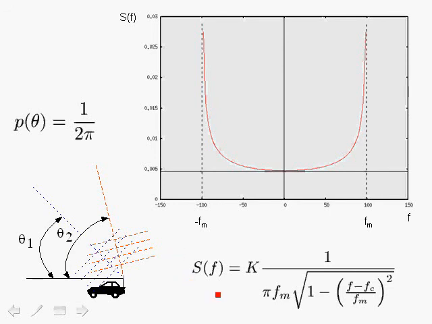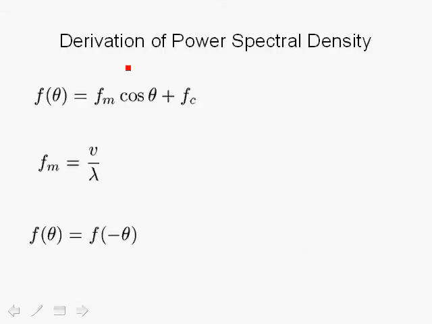We are going to derive the relationship for the power spectral density due to Doppler as expressed over here. So we are going to derive the power spectral density. First of all, we note that the Doppler shift is a function of the angle theta, which is the angle of the plane wave with the antenna.